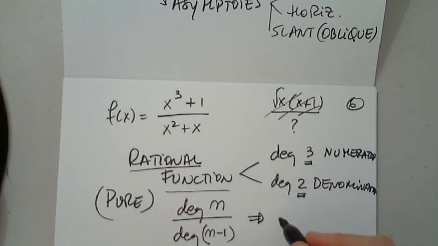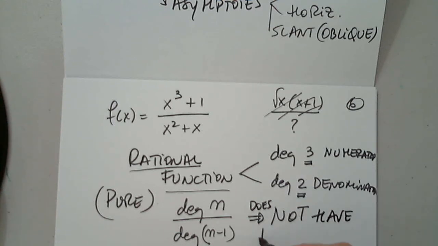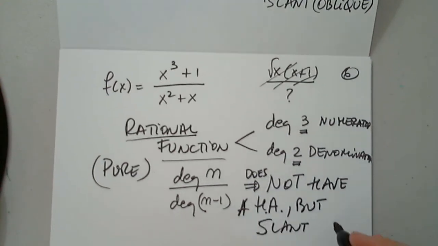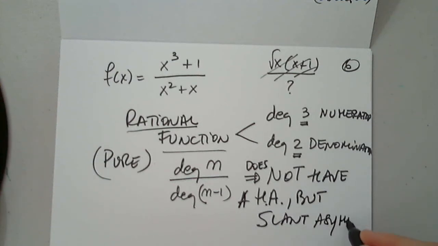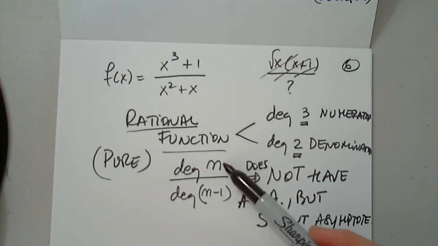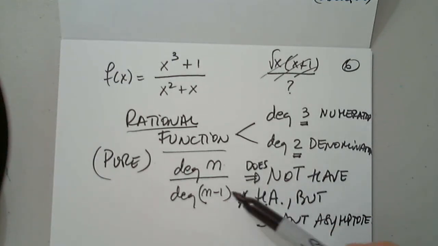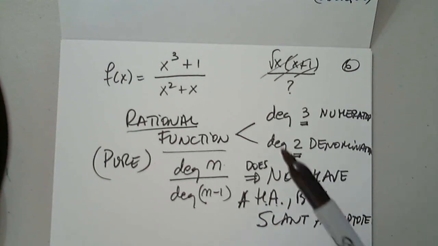This function does not have a horizontal asymptote, but it has a slant asymptote. If the degree is 10 and 9, no horizontal but slant. Degree 7 and 6, no horizontal but slant.